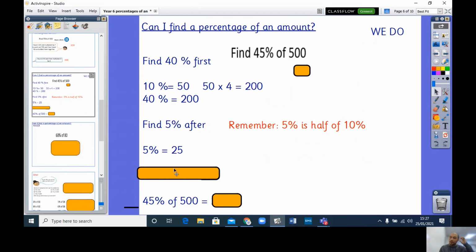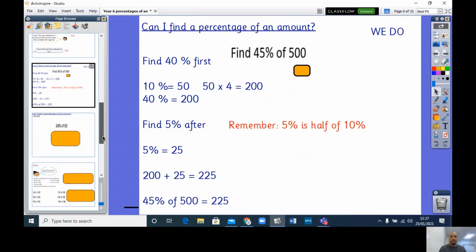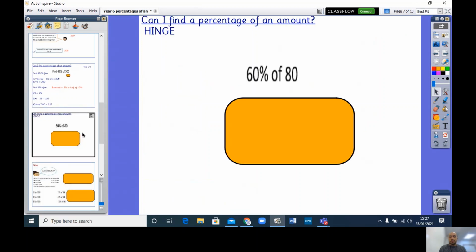So what do we need to do? We need to add them together, giving our answer of 225. So back to our statement, 45% of 500 equals 225. So, using our steps to success, pause the video and have a go at the question above.